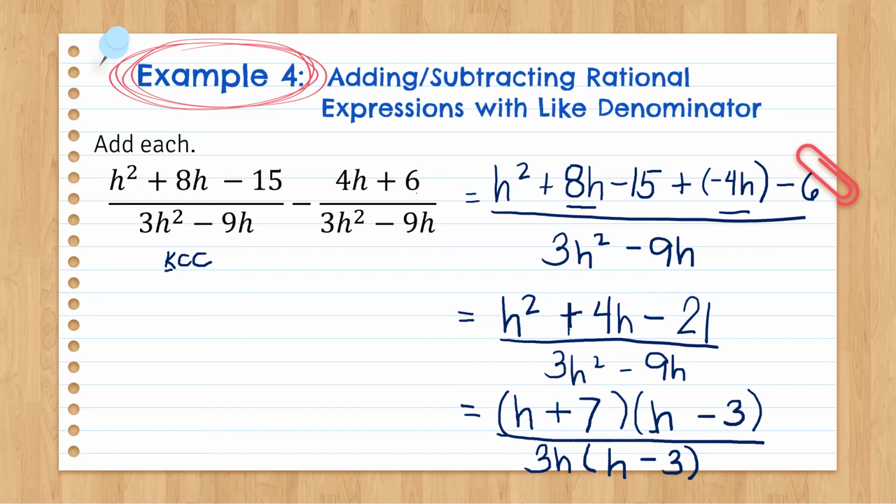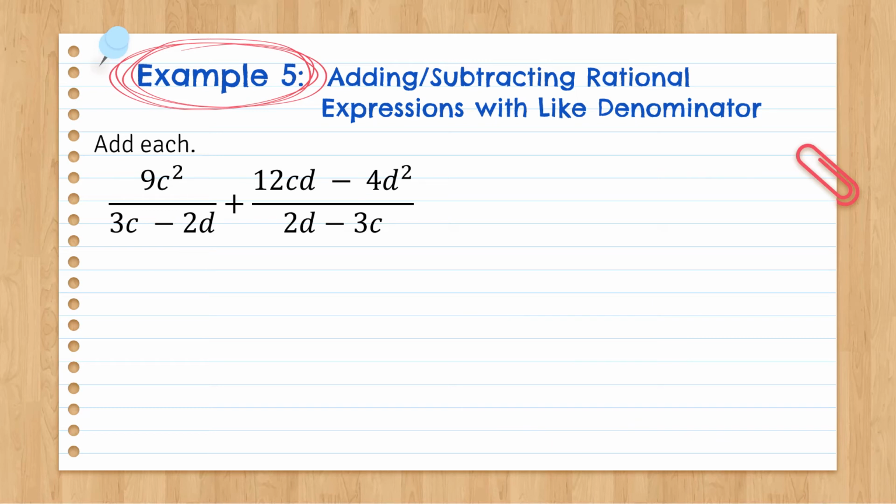Pwede na nating i-cancel ngayon si h minus 3, si h minus 3. So, therefore, for our final answer, susulat ko na dito. So, we have h plus 7 over 3h. Ulitin ko ulit, hindi pwede i-cancel si h kasi may sign dito. Kung 7h yan, pwede. But since h plus 7 yan. So, that is already our final answer.